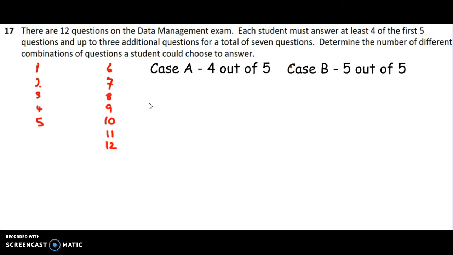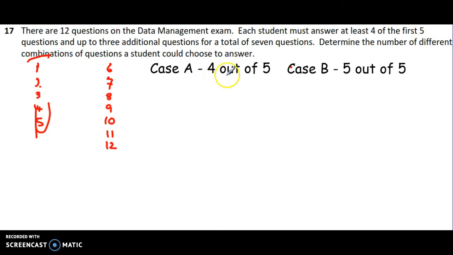Now the criteria here is they're going to answer a total of 7 questions out of 12, but from these first 5, they can either answer 4 out of 5 or 5 out of 5, because it says each student must answer at least 4 of the first 5 questions. So they can either answer 4 of these 5 or all 5.